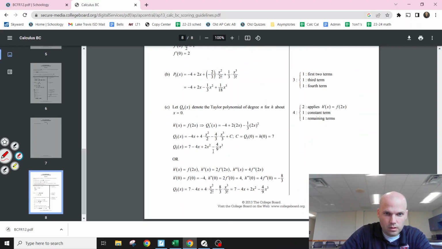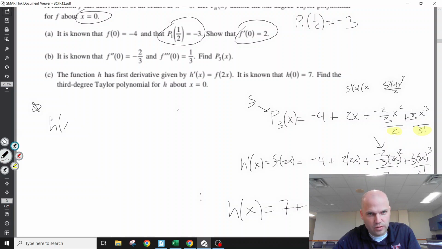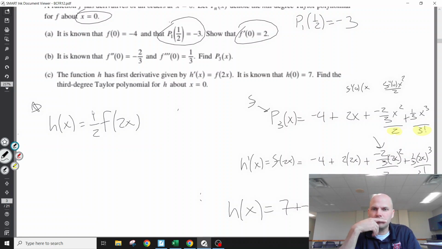Yeah. Here's one way. Here's the other way you could have done this. If that's h prime, here's h. The antiderivative of f with 2x plugged in, times a half. You end up doing the same thing.